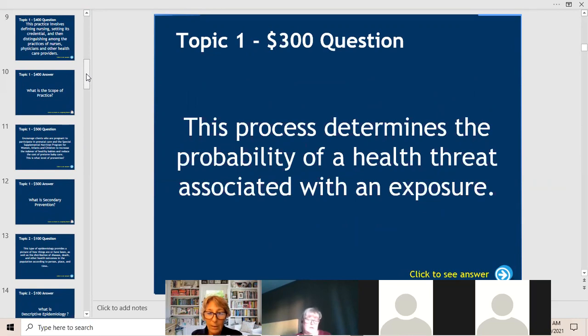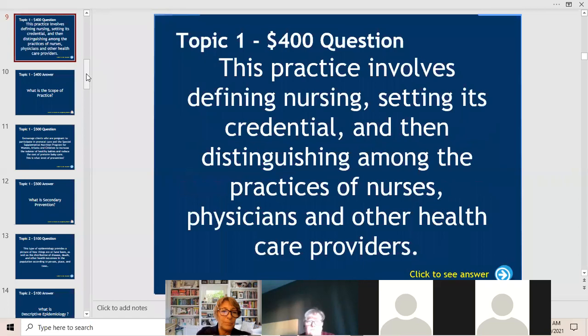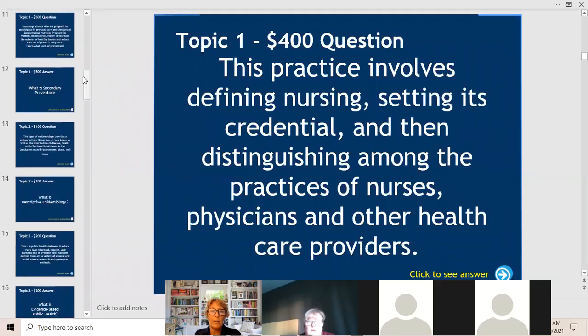We're doing this all day, every day. We're taking risks. The process determines the probability of the health threat associated with the exposure. Again, I don't want to overwhelm you guys, because I think we've done good up to this point. This is just a couple of big picture questions.